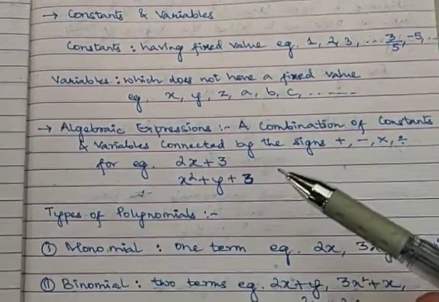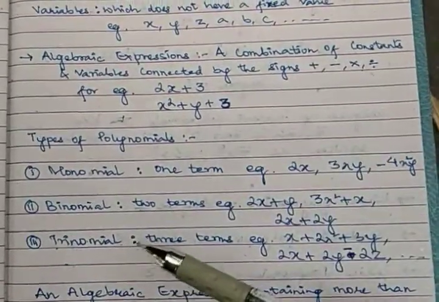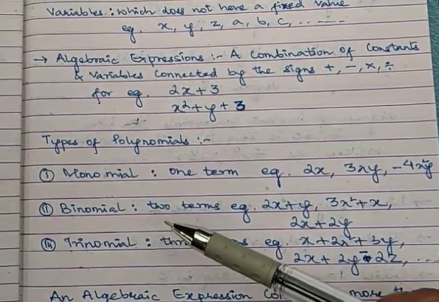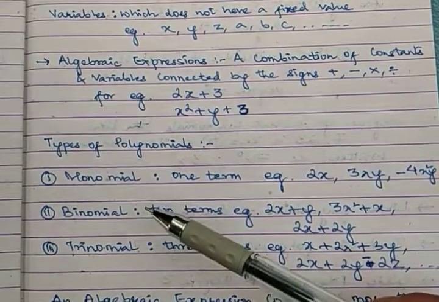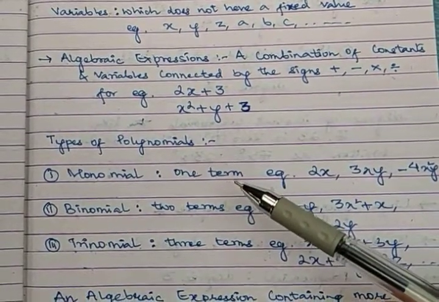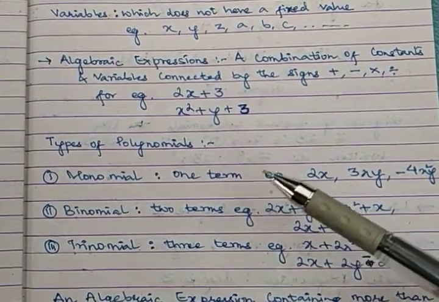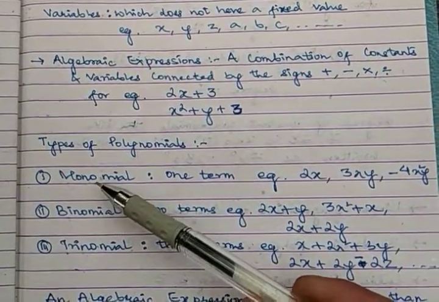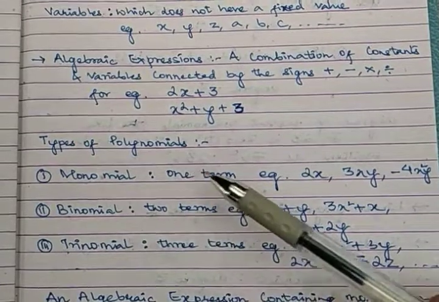Moving on to the next topic, types of polynomials. First comes monomial. Monomial means just one term. The term itself tells you that mono means one, so one term.